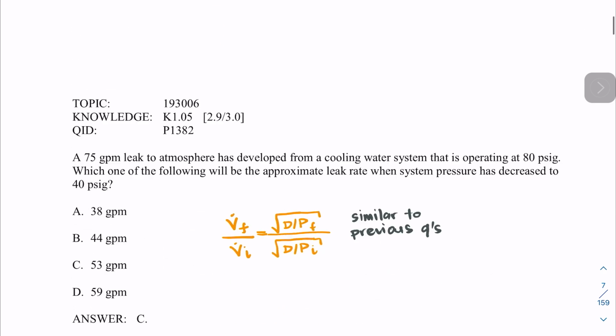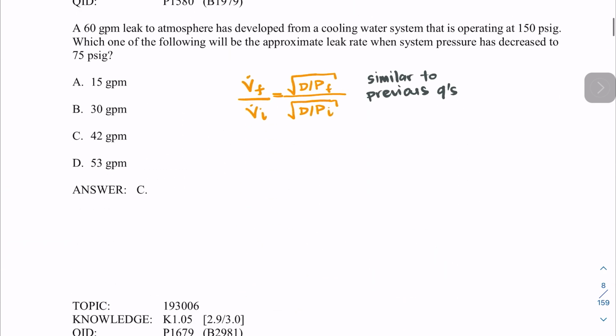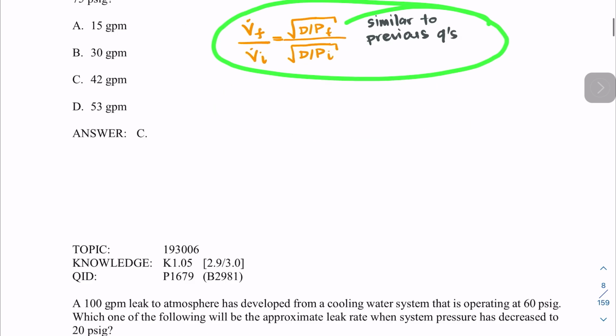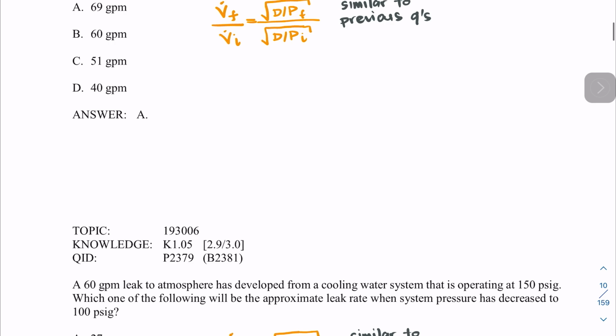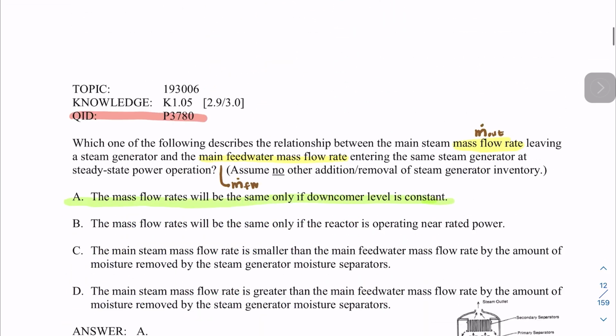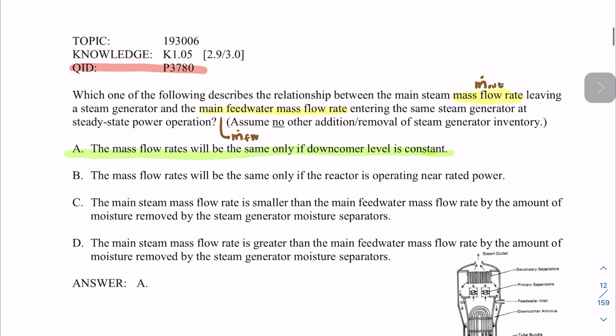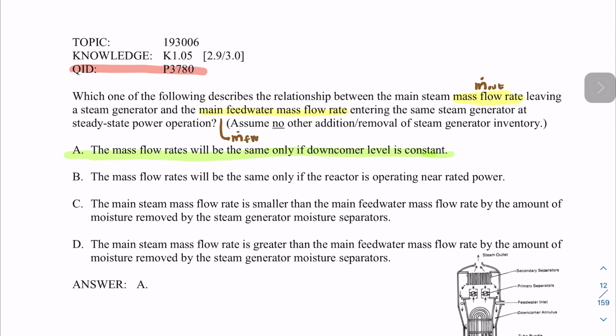Now these other ones are similar. We're going to use this equation, we have many of those, and they have a lot of them for us to practice. Now we have another question that is a little bit more complex, right? Question P3780.